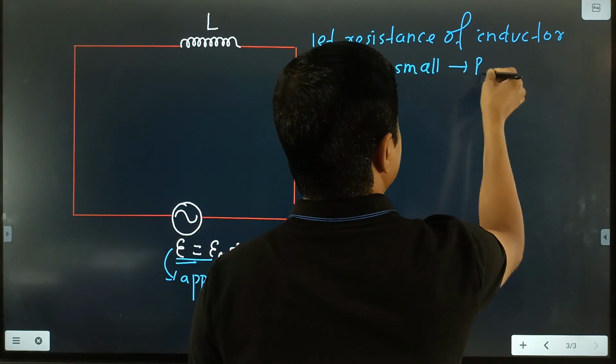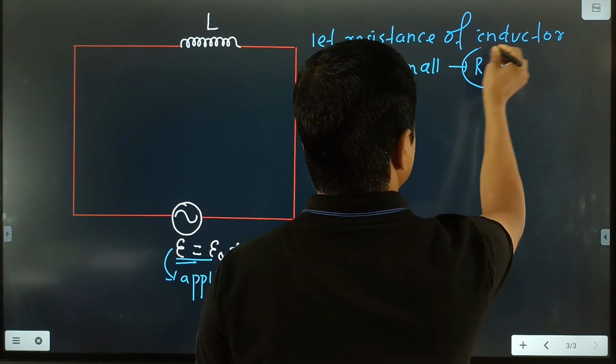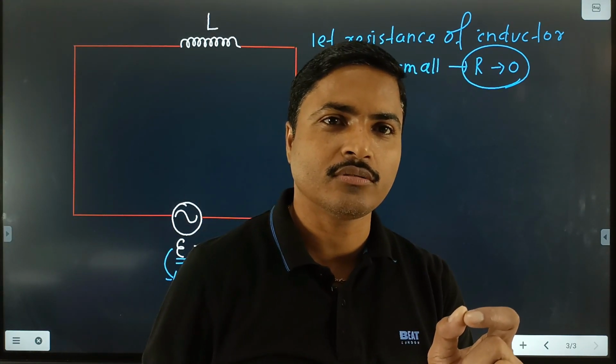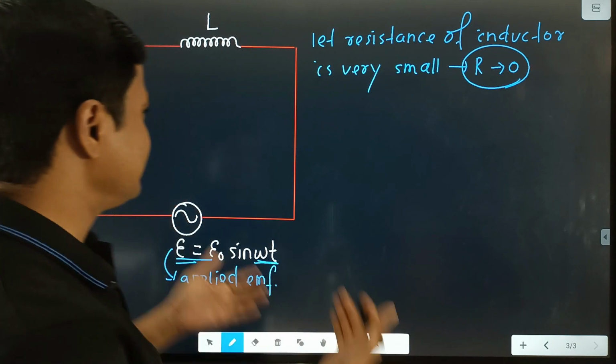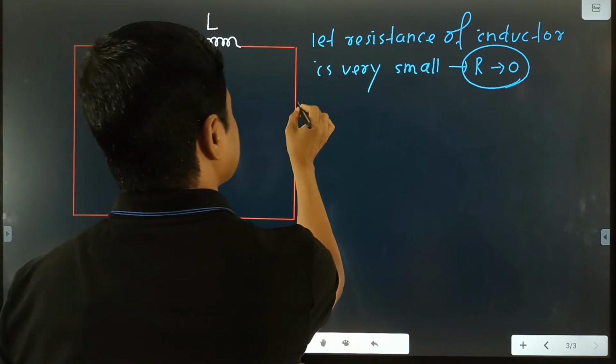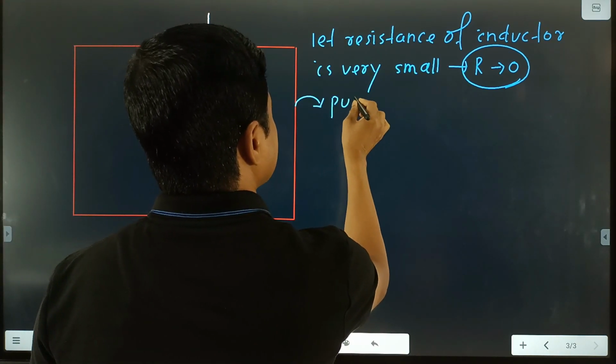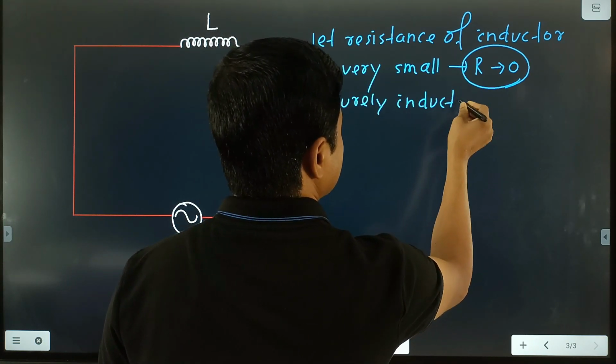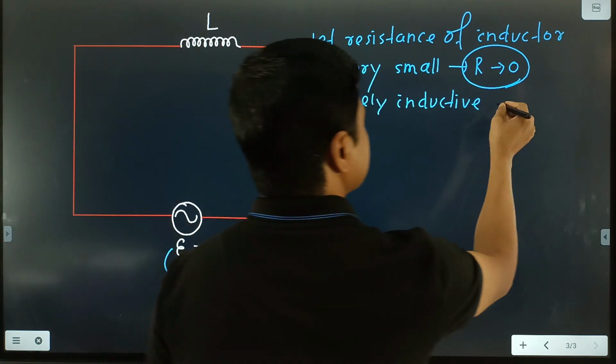Very small means R tends to 0. If the resistance of an inductor circuit tends to 0 or is negligible, then this type of circuit is known as a purely inductive AC circuit.